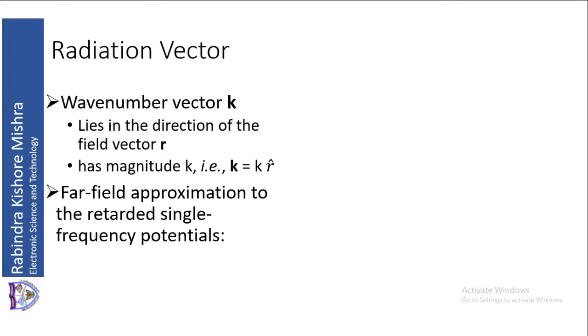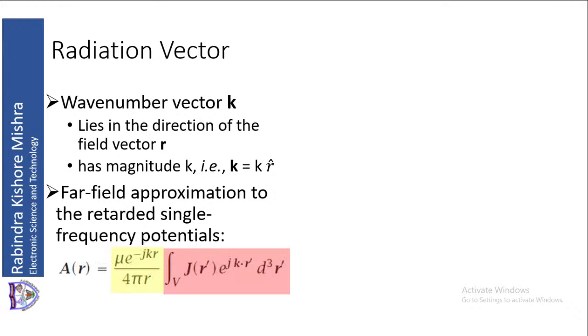And we are considering the retarded field. If you are considering a point in the far field zone, the observation point, whatever you are observing, its source occurred at a time before the time you observed it. So it is the retarded field.